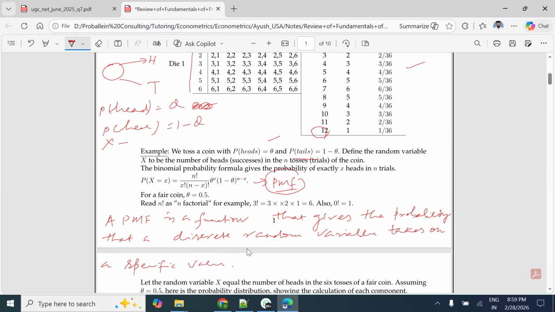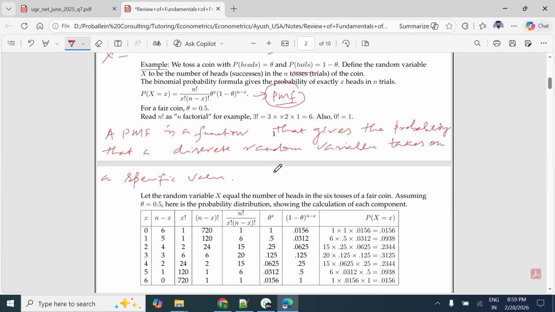Let me clarify it further. If X is a discrete random variable, or DRV in short, what will be its PMF?